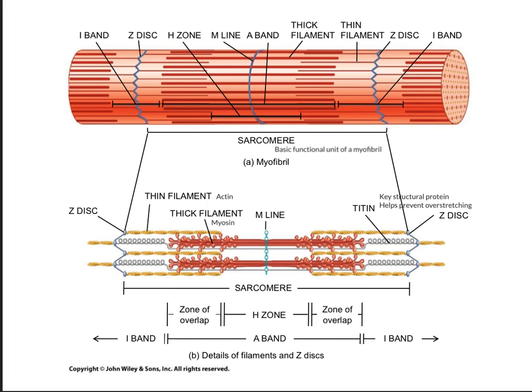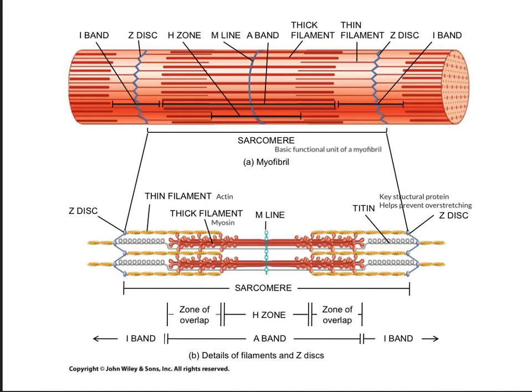So not only do you see striations between the thick and the thin, but you'll also see striations going from I band to A band because you'll have a lighter area in the I band, a darker area in the A band. Now, as you can imagine, when a muscle contracts, it's going to change a little bit what this I band and A band look like, and so that's why we've given them that nomenclature.